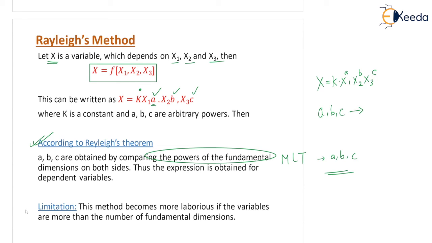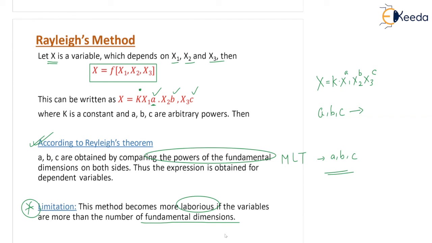What is the limitation? What is the problem? This method becomes more laborious if the variables are more than the number of fundamental dimensions. It is very difficult and lengthy in that case.